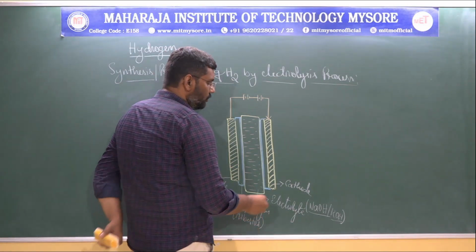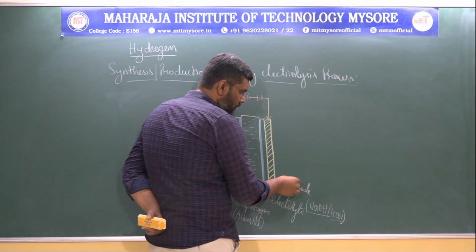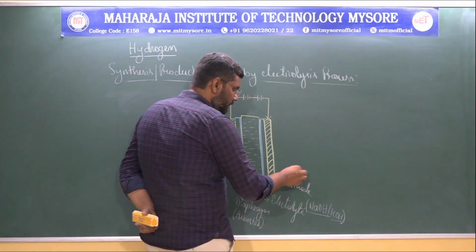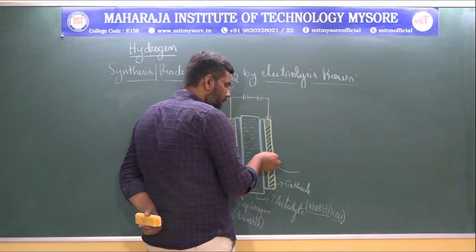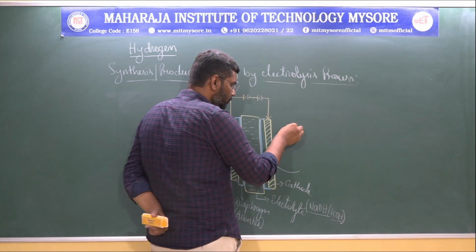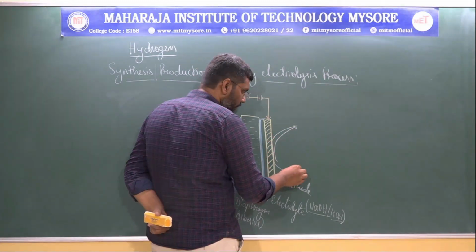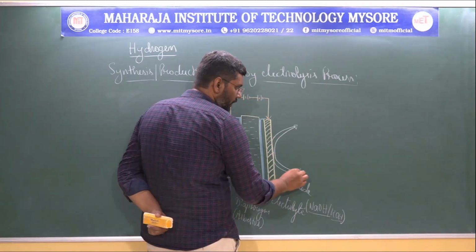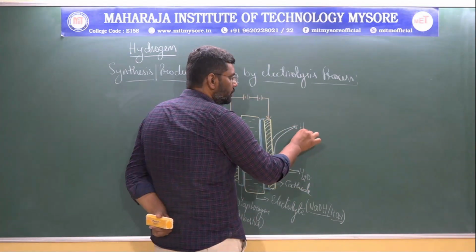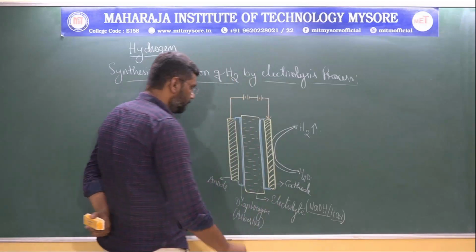Now we need to know how the water molecule will be fed into the cathodic area. Here we are passing the water molecule from the cathodic area, and the final product obtained when water is fed there is hydrogen. It will be represented like this.